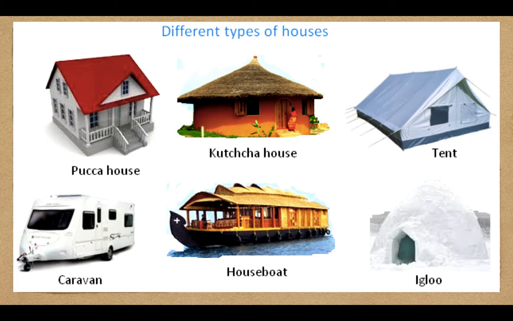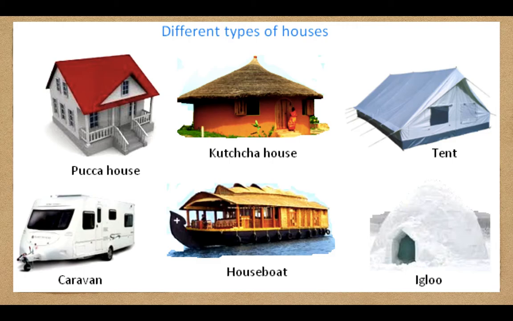The structure is such that it protects them from the cold wind, and it is warm itself inside. Near about 32 degrees, so enough to stay inside. So these were the different types of house.